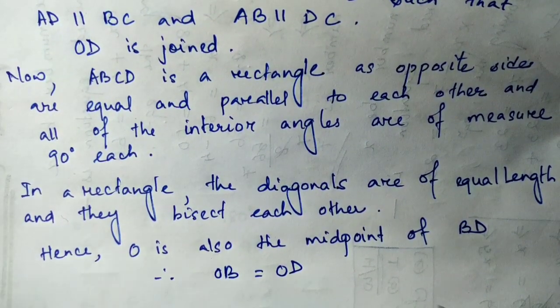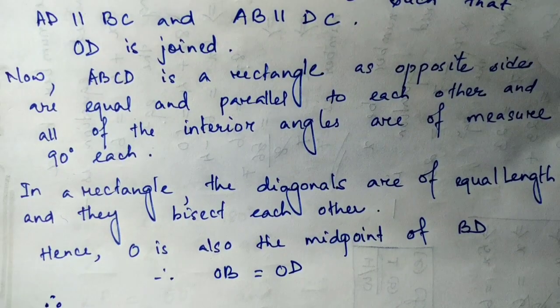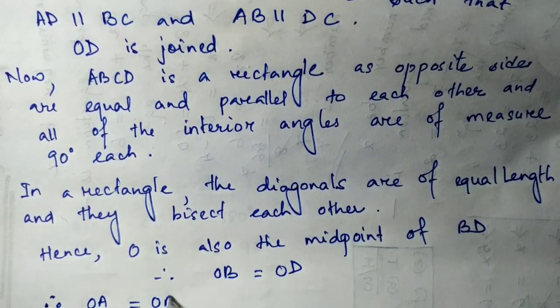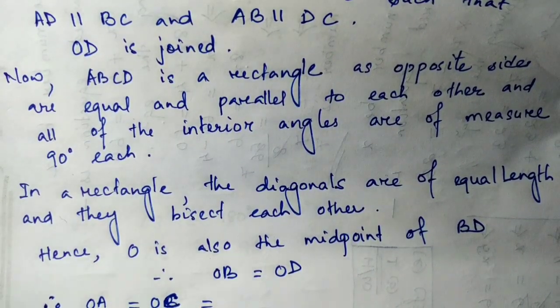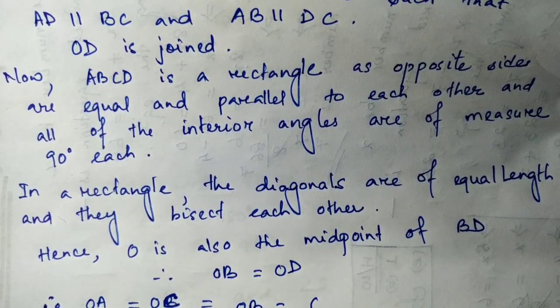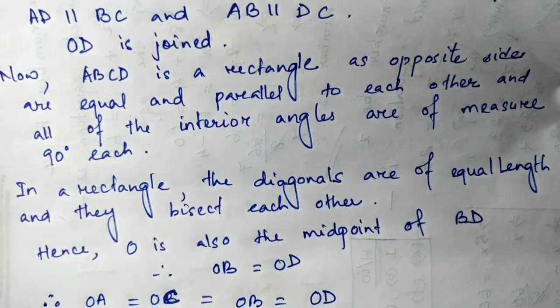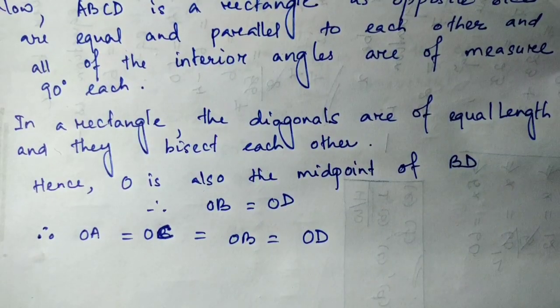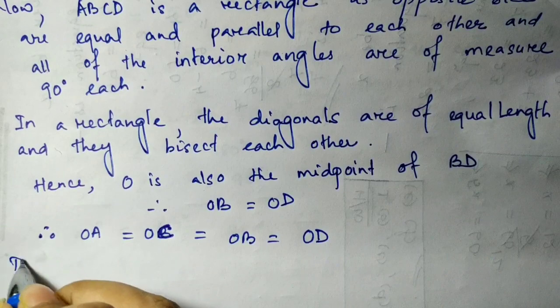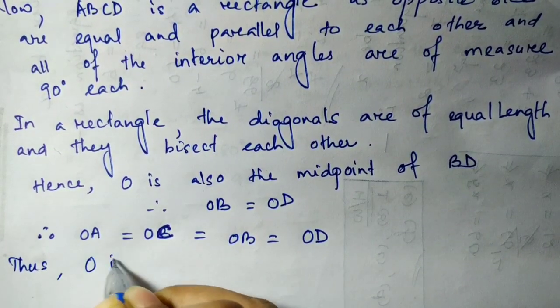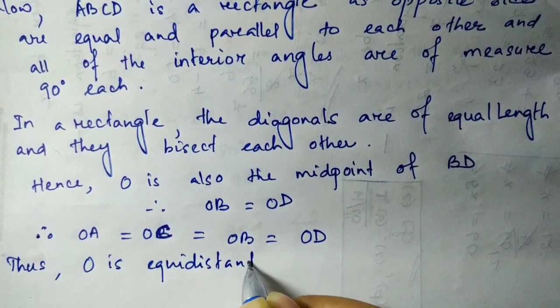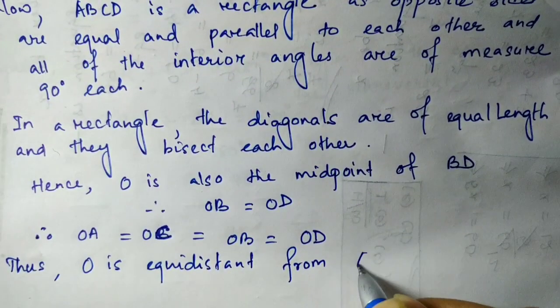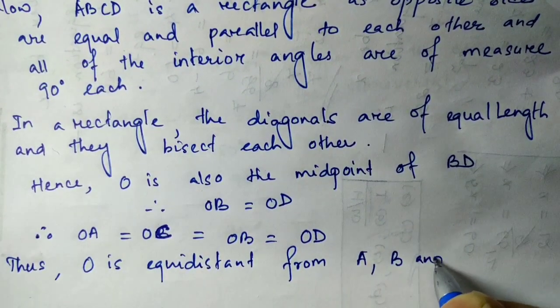So if all of these are equal, I can write therefore OA is equal to OC, equal to OB, equal to OD. All of them are equal. So I can write the final statement. Thus, O is equidistant from A, B and C.